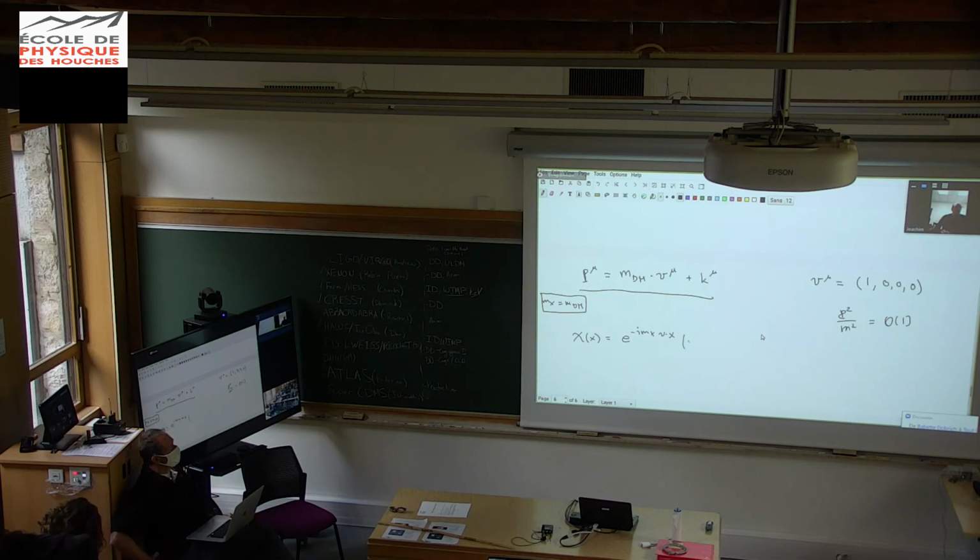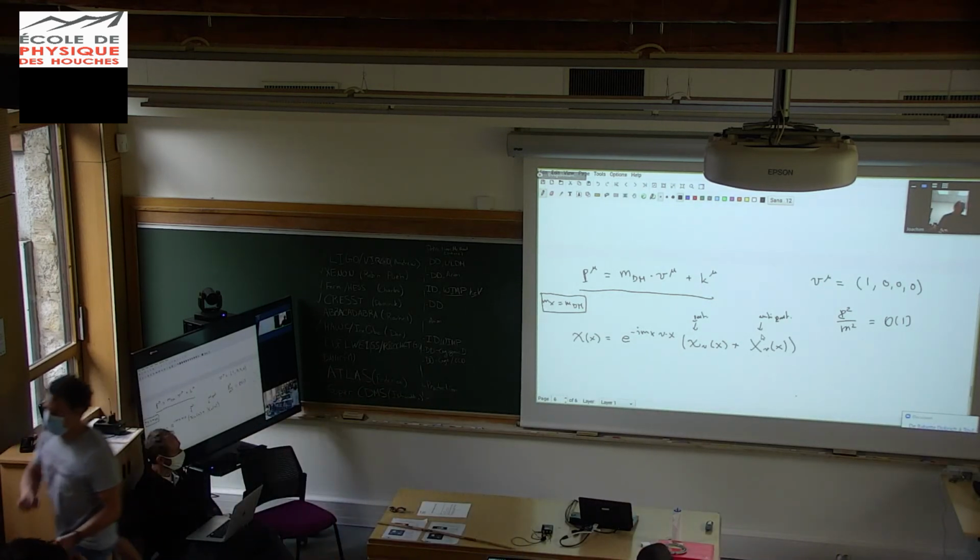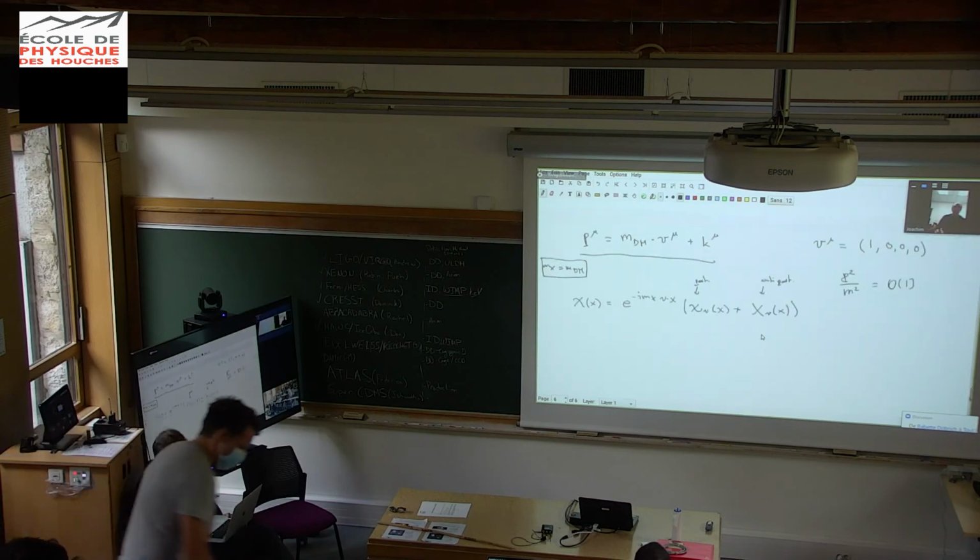And then we split this dark matter field into 2 fields that we call small chi v of x plus capital chi v of x. And it will turn out that small chi v will be the particle components, and the capital will be the antiparticle components, and we don't need it. We need to get rid of it somehow. Okay.